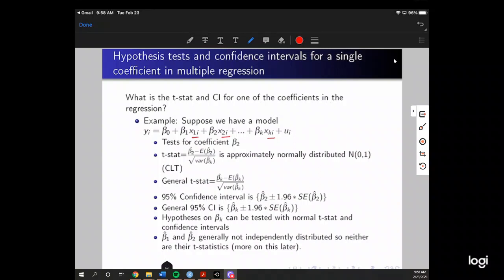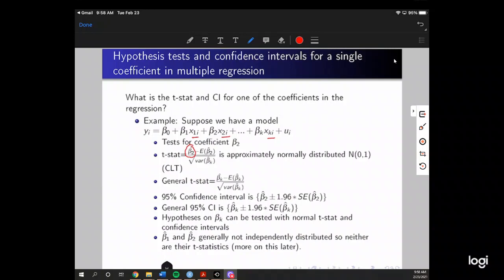The t-stat is going to be just like we had before, except now we put beta hat 2 here, and we subtract off our hypothesis for beta hat 2, or the expected value for beta hat 2. And one note is that a hypothesis for beta hat 2 is just going to be what we guess that the expected value of beta hat 2 is going to be.